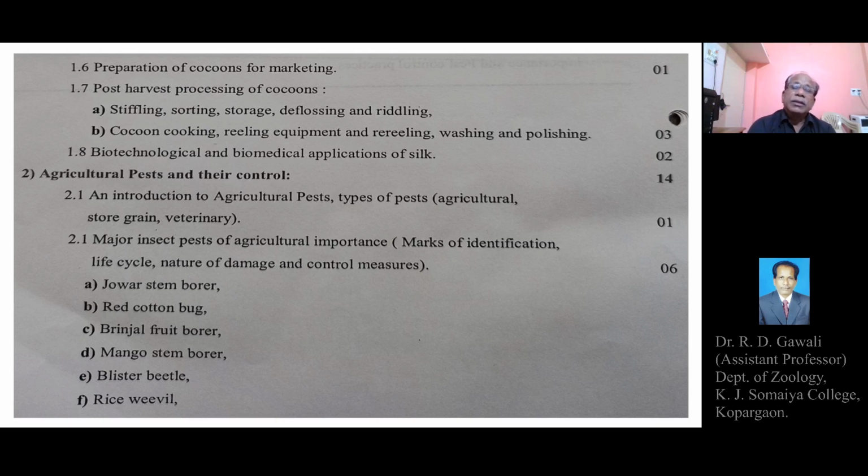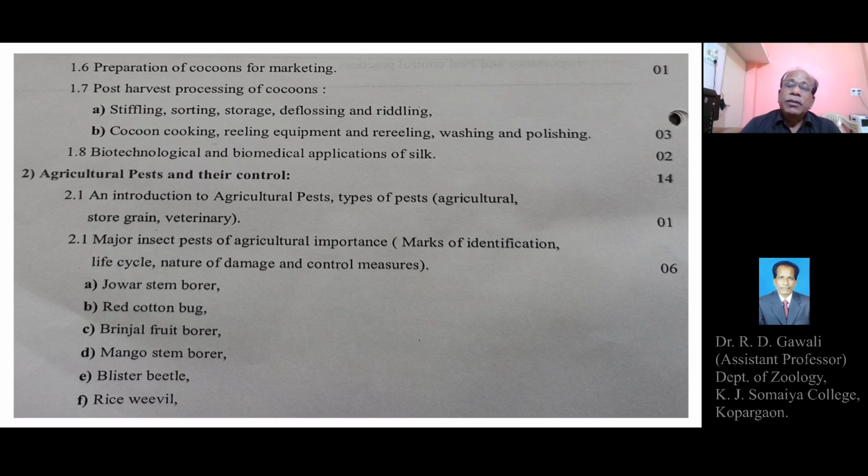So this will badly affect the quality and quantity of the cocoons produced, and that's why it is essential to control or manage the normal health, optimum conditions, or disease-free conditions in the rearing house, so as to attain the normal growth of the silkworm larvae in the rearing house.